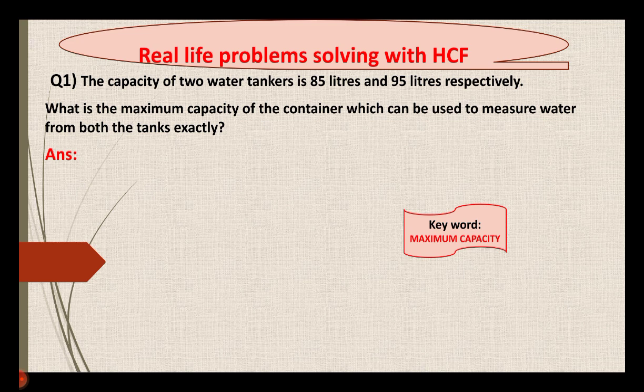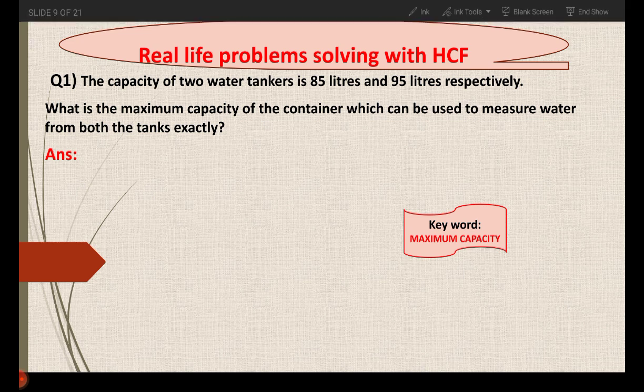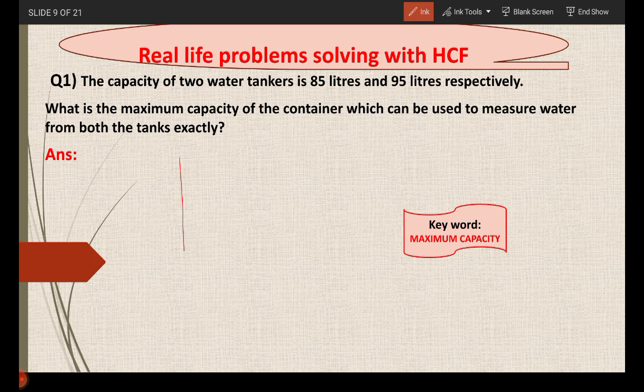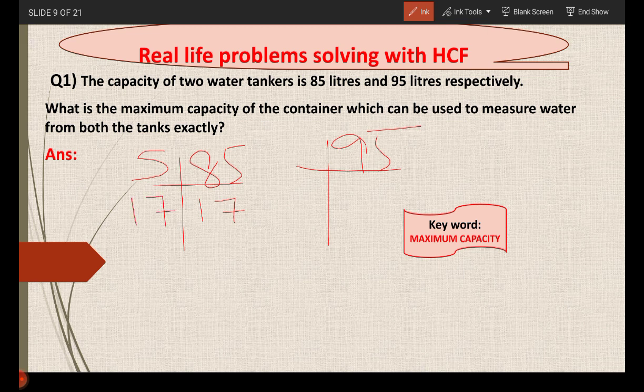For finding the HCF, you will do it separately for 85 and 95. I am going to start with the table of 5. 5 ones are 5, 5 sevens are 35, and 17 ones are 17, because 17 is a prime number and has only 2 factors.